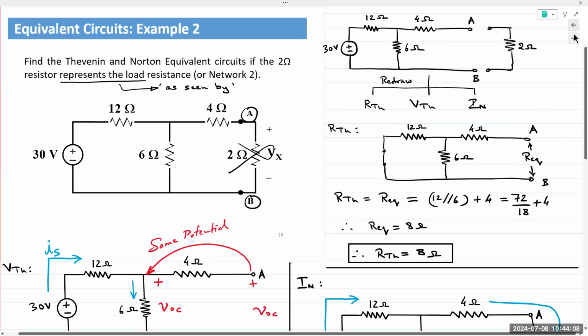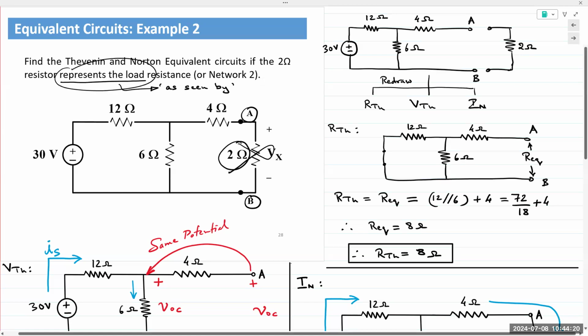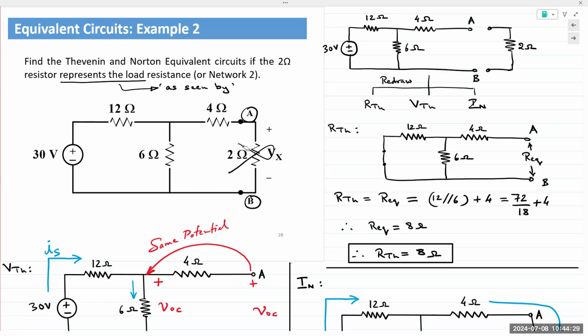When it comes to a circuit like this, which has a source, and you're asked to find the Thevenin and Norton circuits as seen by the 2-ohm resistor, which represents the load, you remove that component from your analysis. That 2-ohm resistor is not part of your analysis, and we've done that right here.